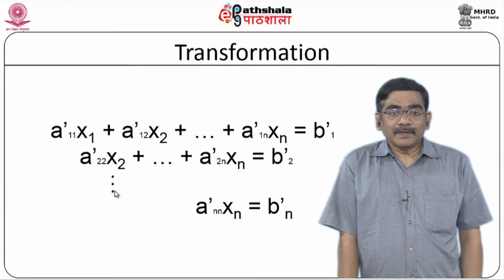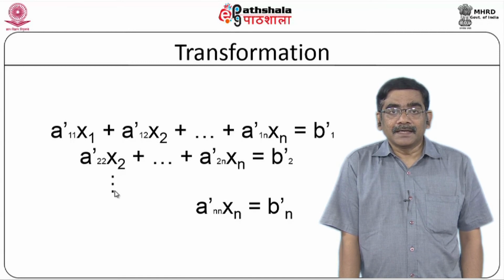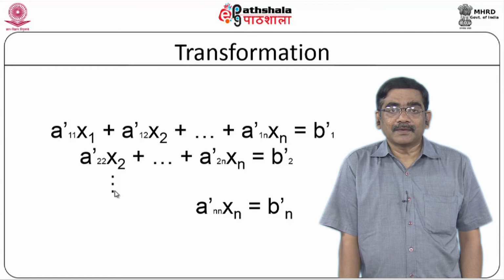Then we keep A22 and eliminate all the corresponding coefficients in the other equations. Continuing in this manner, the last equation is going to be ANN xn equal to Bn prime. So, this is what the transformed problem is going to be.